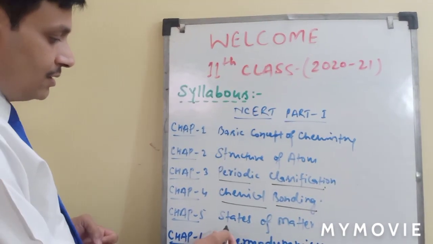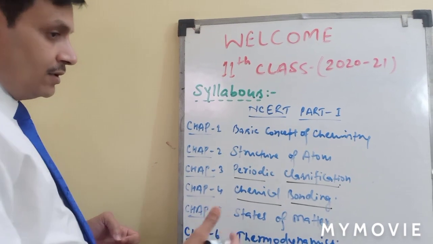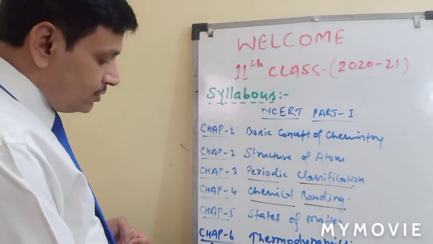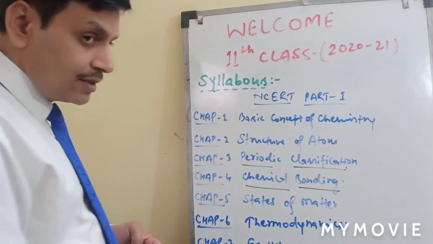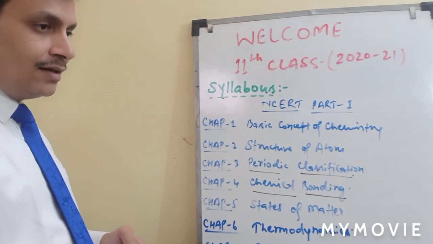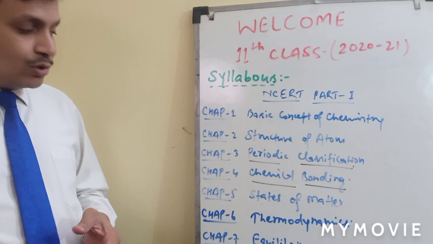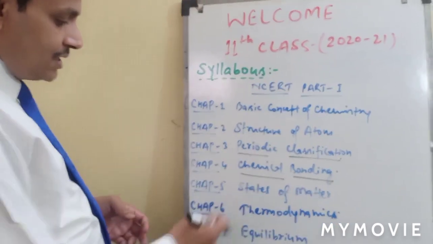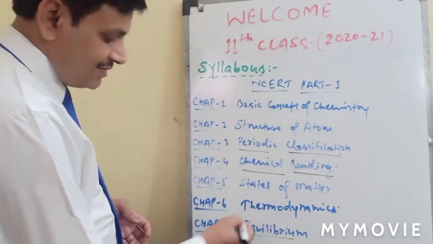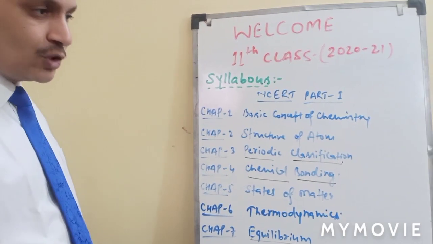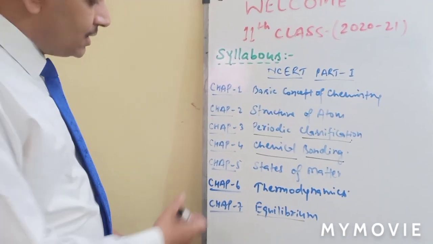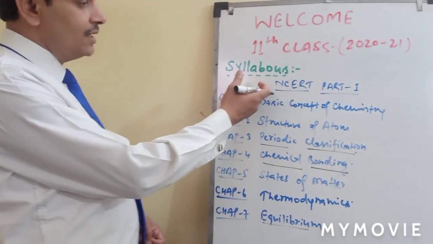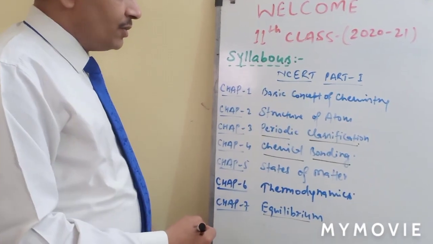This is a new chapter for you. Next, chapter number 6 is thermodynamics. Thermodynamics is basically the heat or thermal change during a process. You will study that in that chapter. And then equilibrium is another aspect to see the various reactions in chemistry. These are the 7 chapters you will study in NCERT part 1.